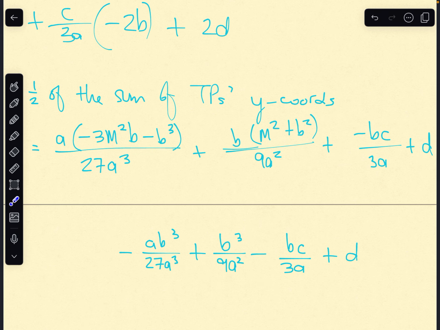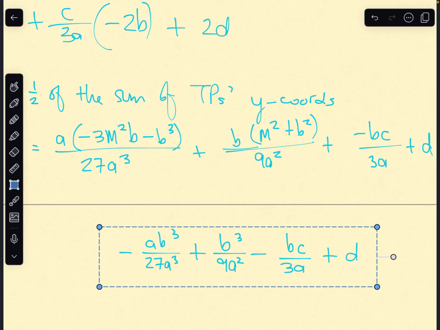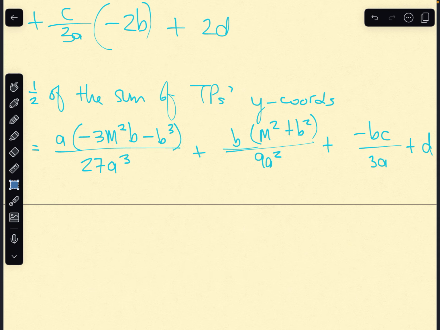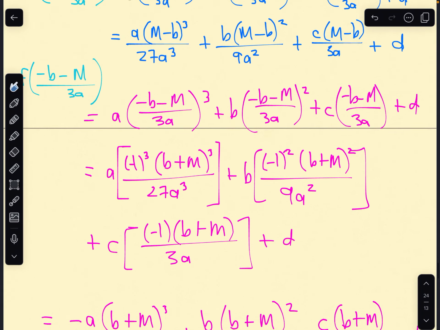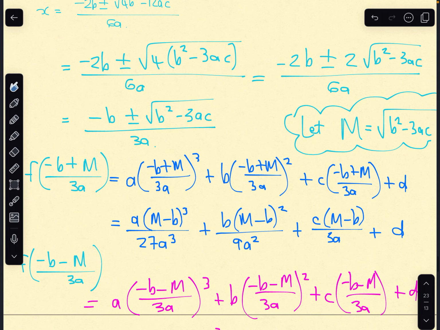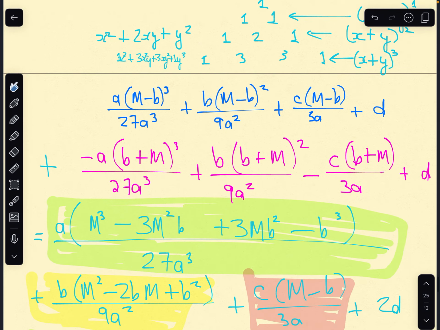So really, it's these two terms that we're hoping are going to simplify to this. So let's see now if we actually bring back the m, because remember the m was so that we wouldn't have to rewrite this square root all the time. So m is equal to the square root of b squared minus 3ac.